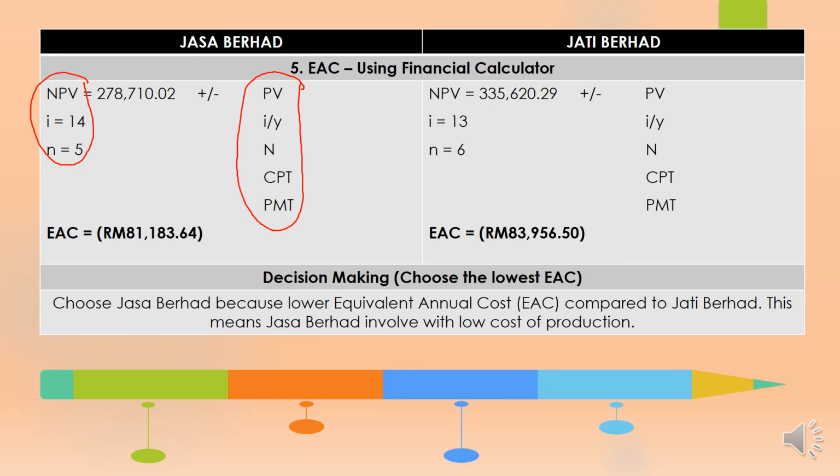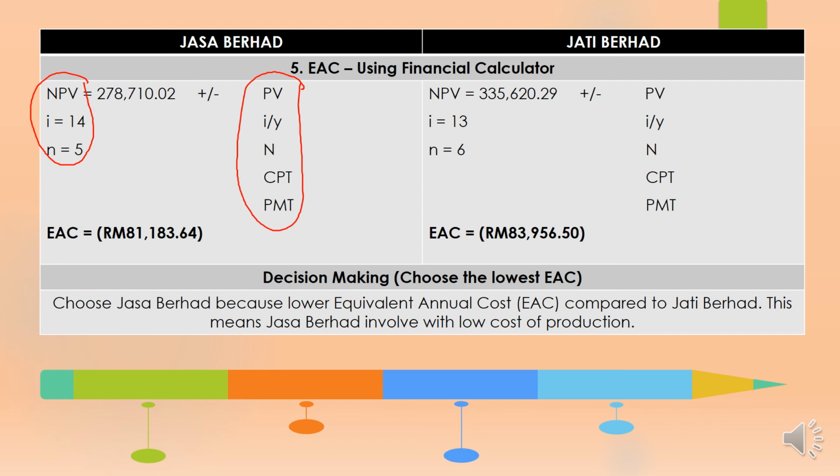Then continue with I, represented by the discount rate given in the equation, and the command IY. Then for the maturity period, which is N, for Jasa it is 5 years, and the command is N. Compute PMT, and you will get the answer for EAC for Jasa Berhad, which is RM81,183.64.